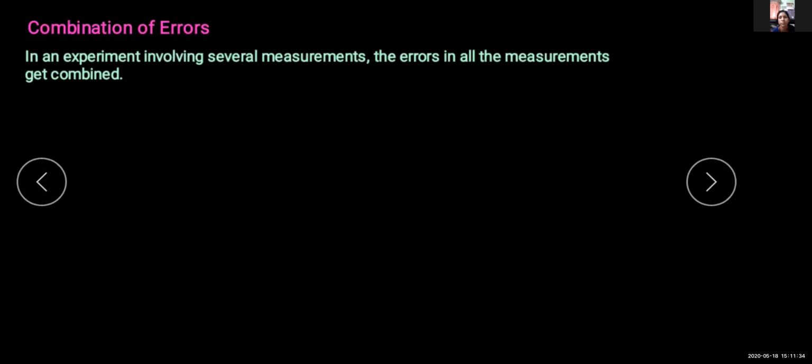Next is combination of error. In an experiment involving several measurements, the errors in all measurements get combined. When a number of quantities are involved in the final calculation, then the errors associated with the measurement of all quantities will affect the end result.